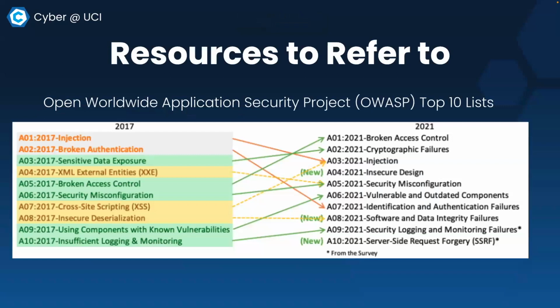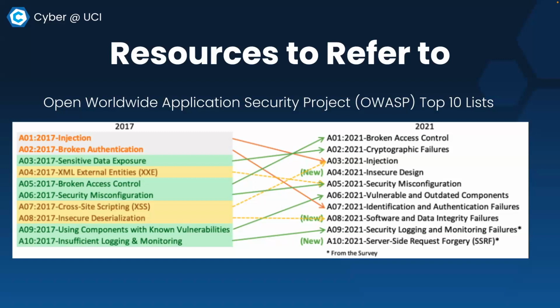And now just to go over some resources that you can refer to when you're working on security for your software, there's a common framework and organization known as the Open Worldwide Application Security Project. People just commonly refer to it as OWASP. They have a top 10 list of issues that software developers are reported to have a lot.